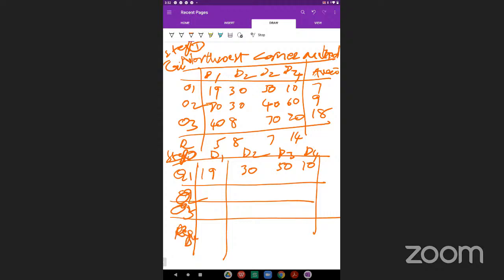Here 70, 40, then 30, 40 and 60, then 8, 70 and 20. Next the requirement is 5, 8, 7, 14.